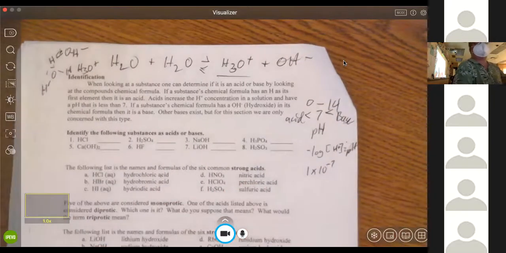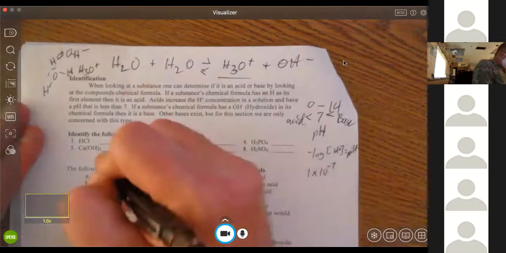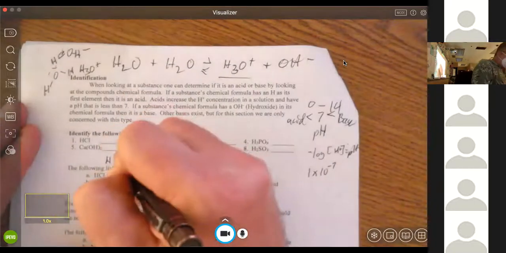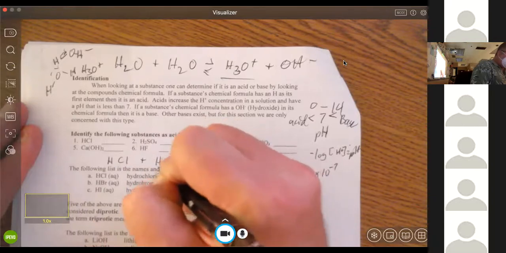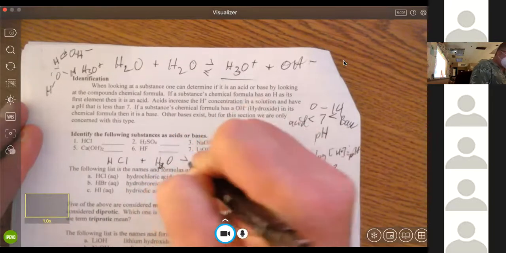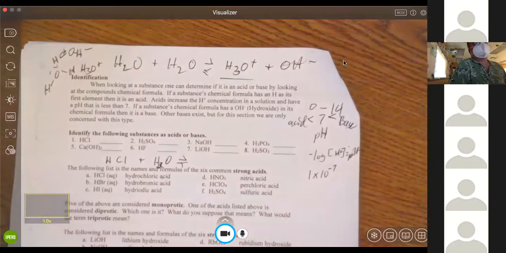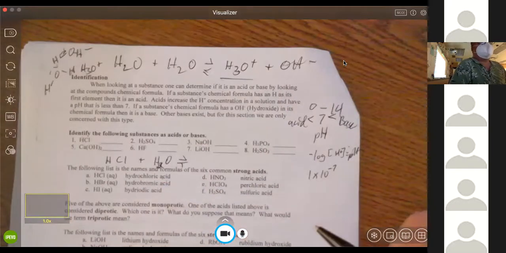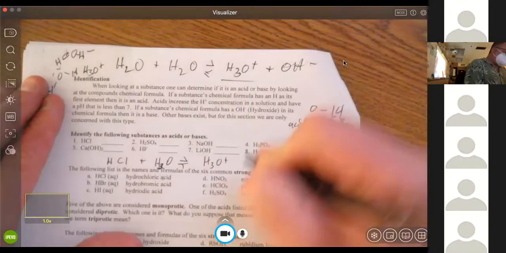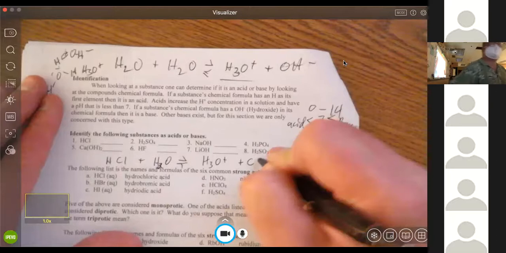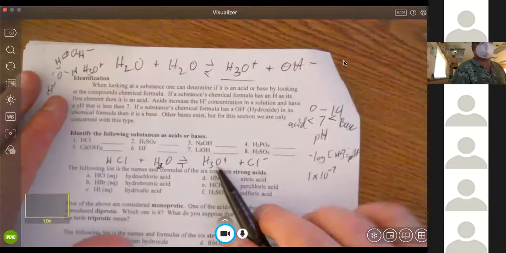So identifying acids and bases. What if I put HCl plus water? Oops, I'm thinking into the future. What's it going to form? Cl minus and H3O plus. Again, we have that hydronium ion.